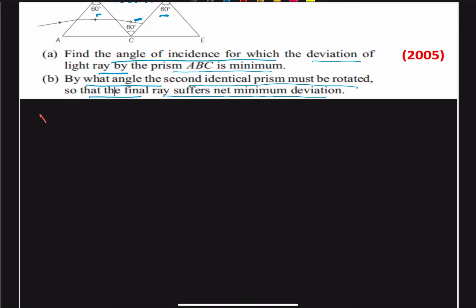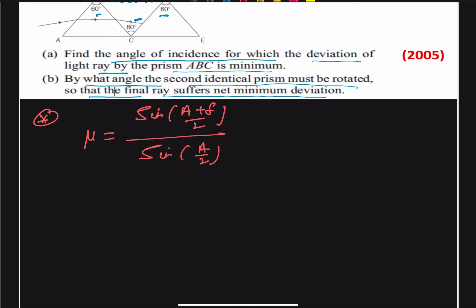We know that refractive index mu is equal to sine of (A plus delta) divided by 2, divided by sine of A by 2, where A is the angle of the prism and delta is the deviation.